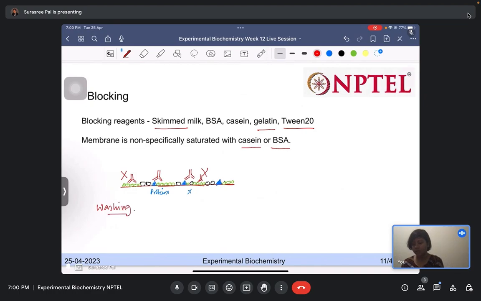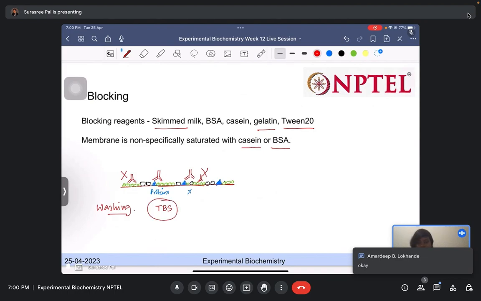Washing is done with buffers like TBS, Tris buffer saline. Why is this washing step important? Because after blocking we allow this buffer to wash the membrane, so that all the excess blocking reagents can be removed from the membrane, right?